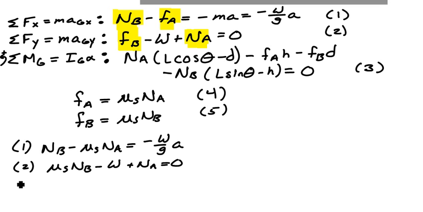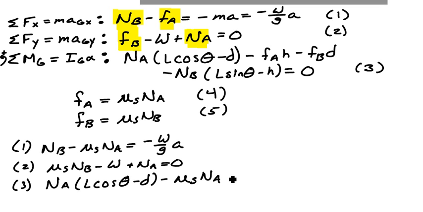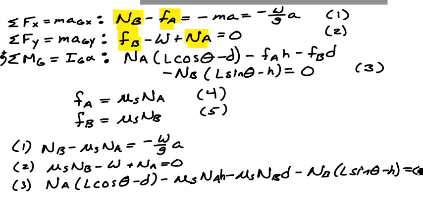If I look at equation 3, I'm going to have NA times quantity L times the cosine of the angle theta minus D, minus FA times H. Whoops, and I should substitute in FA. So mus times NA times H, minus mus times NB times D, and by the way, there should be an H here and a D here, minus NB times L times the sine of the angle theta minus H is equal to 0.